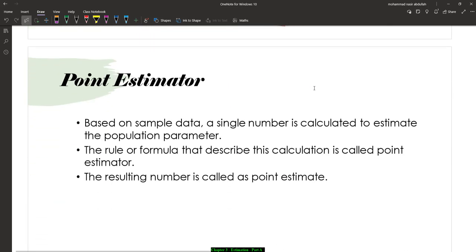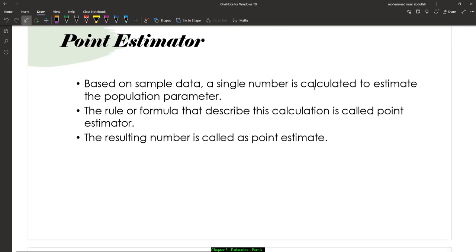Let's look at what a point estimator or point estimation is. Based on the sample data, a single number is calculated to estimate the population parameter. So we're going to have only a single value. Let's say mu hat equals x bar equals 2.38.